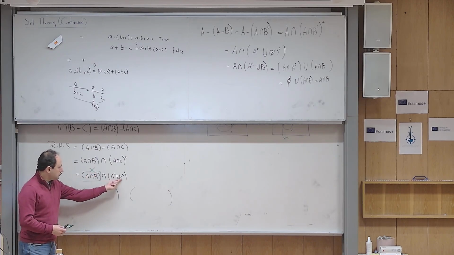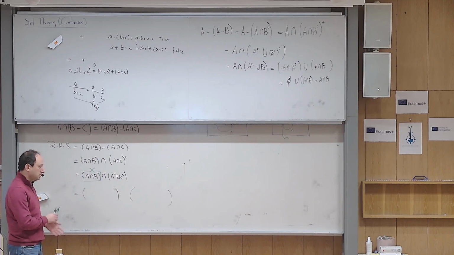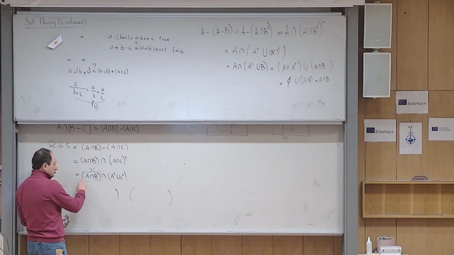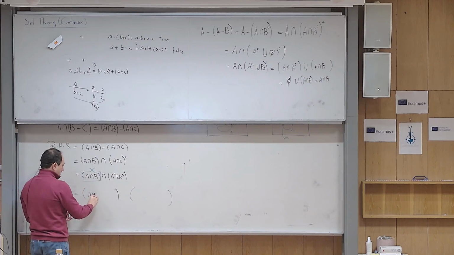I have 3 sets, all of them are different. One operation is intersection, the other operation is union. Everything is in order, so I can distribute. Yes? A union, A intersect B, yes? And intersect A complement. Yes?